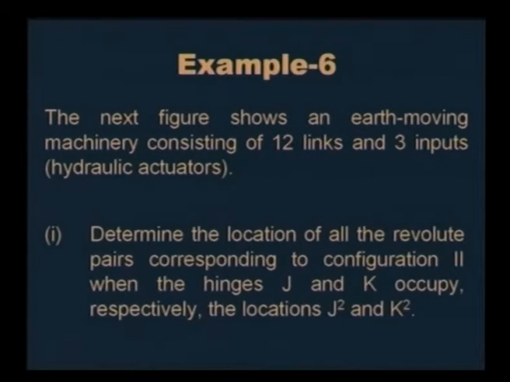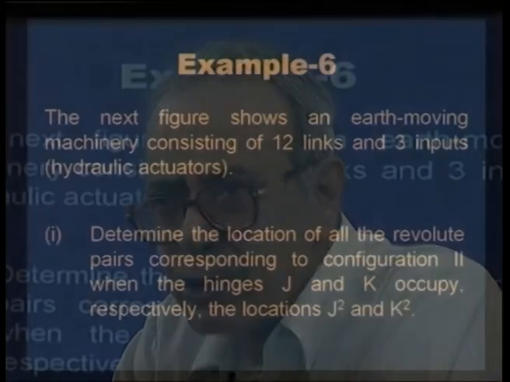And the statement of the problem was, determine the location of all the moving revolute pairs corresponding to configuration 2 when the hinges J and K occupy respectively the locations J2 and K2. I can extend this problem for you to have some practice, which are a little tougher.